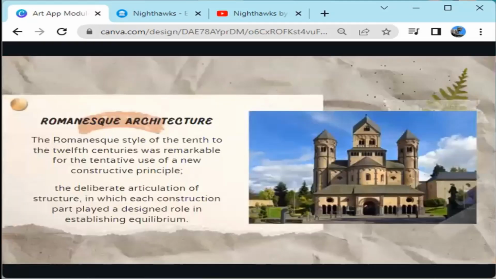Now, another type of architecture is yung Romanesque architecture. So, the Romanesque style of the 10th to 12th century was remarkable for the tentative use of new constructive principles, no? The deliberate articulation of structure in which each construction part played a designed role in establishing equilibrium.